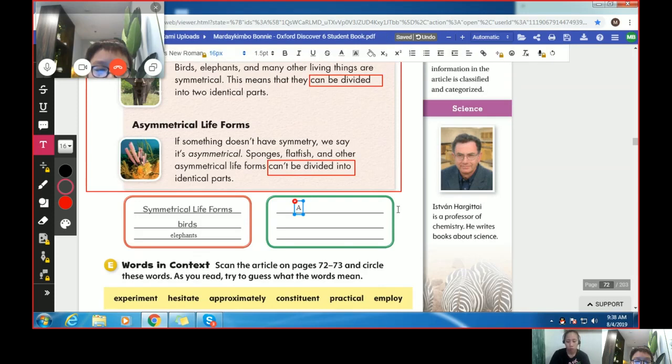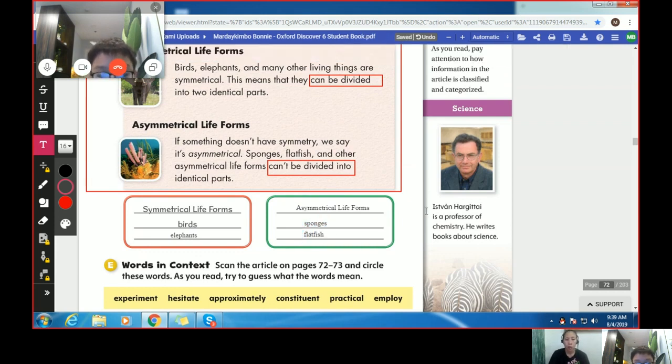Sponges. Yes, sponges, very good. Just think, what else? Flatfish. All right, there we go. So that's how you categorize your ideas.